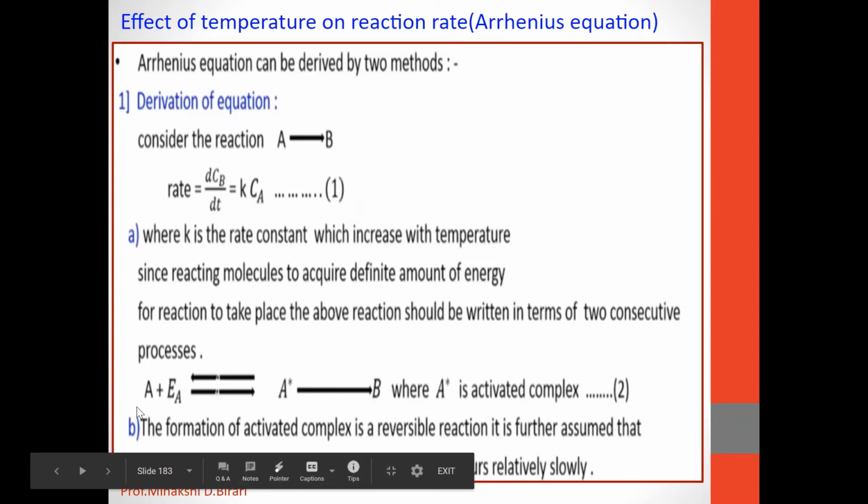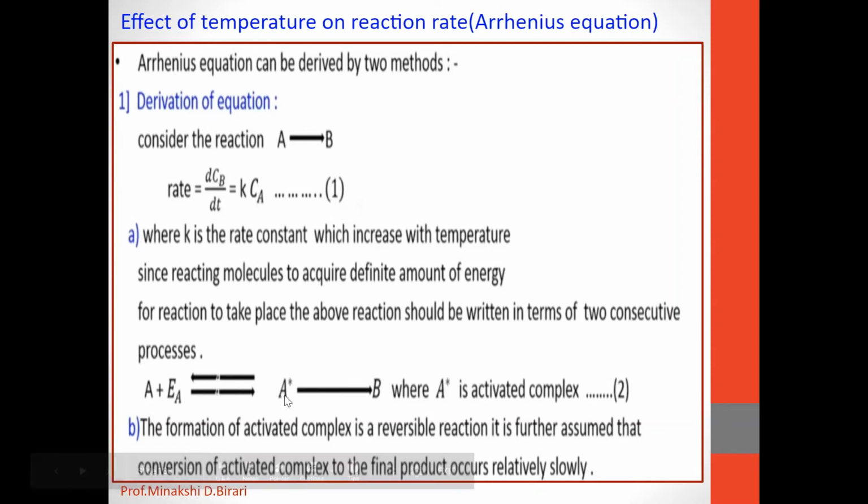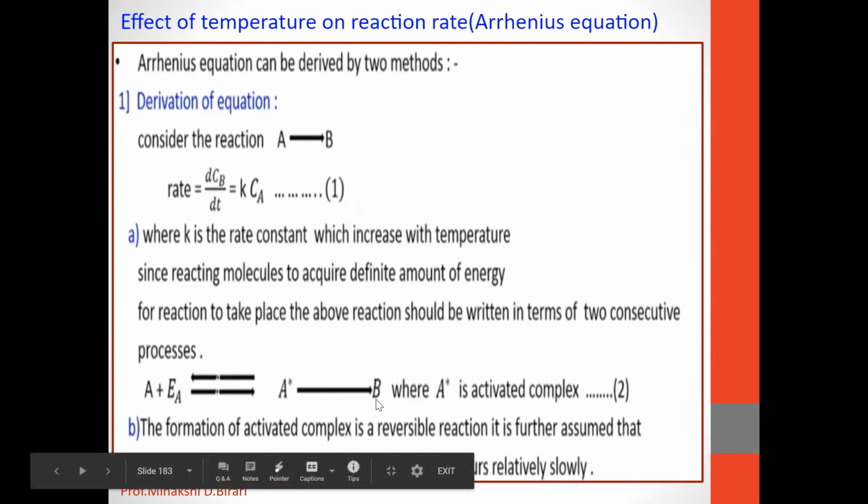So the normal reactant molecules acquire the energy of activation and are converted to the activated complex, A star, and these activated complex molecules are converted to the final product.